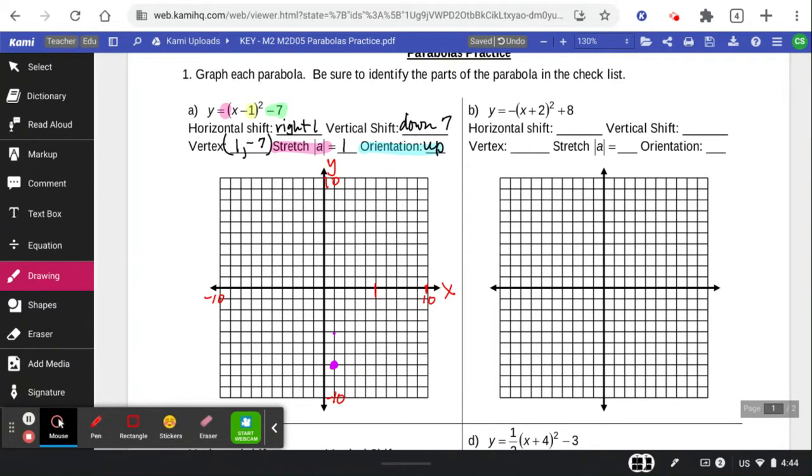Now from that vertex, I'm counting the parent growth. A stretch of 1 means the normal parent growth. So my normal parent growth goes out 1, up 1, out 2, up 4, out 3, up 9, and out 4, up 16.